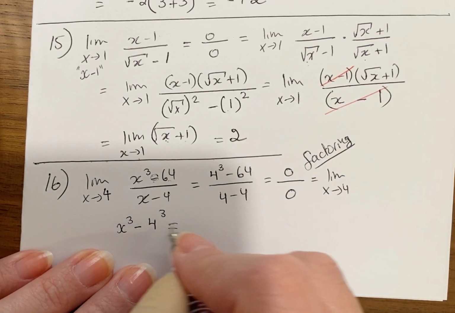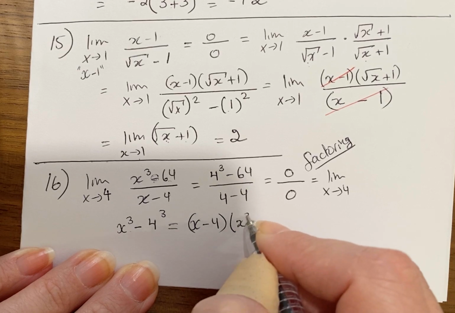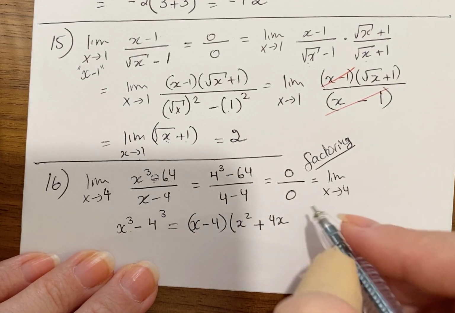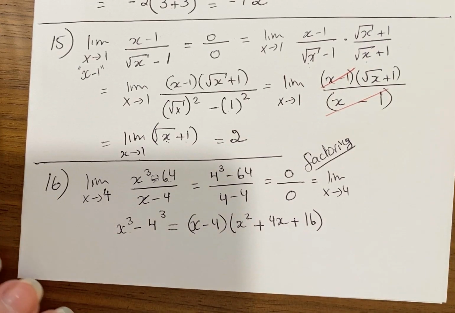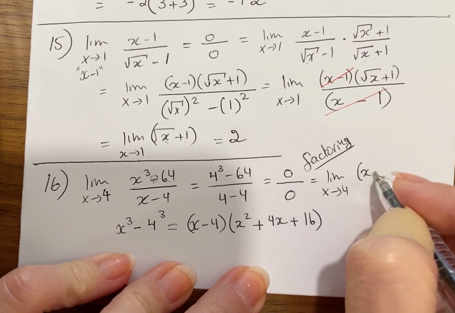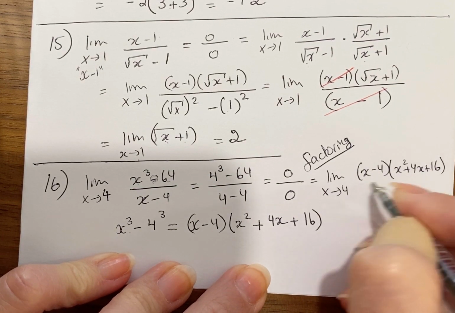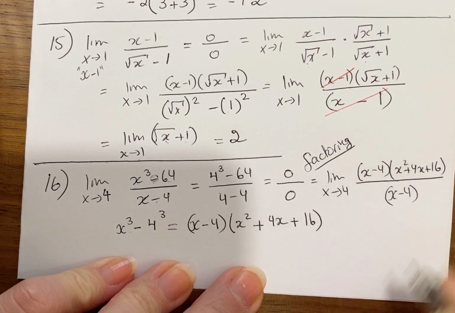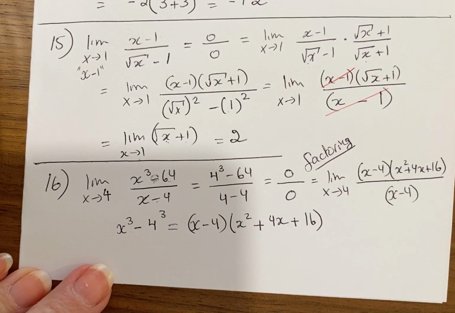So please be very careful with the usage of 2 that our subconscious always has. So here it is a minus b, so x minus 4, x squared plus 4 times x without any 2, plus 4 squared, which is 16. This is the correct factoring over x minus 4. The moment I see an x minus 4 up and down, I can feel relaxed.